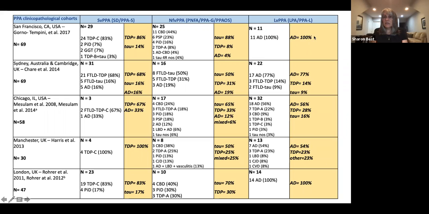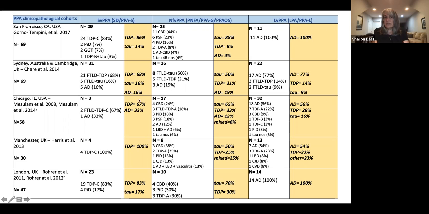So again, 100% of her logopenic were underlying amyloid plaques and tau tangles. And in the non-fluent PPA, the large majority was different types of tauopathies. In the semantic variant PPA, the large majority was a TDP-43. All of the other studies really supported the same finding.